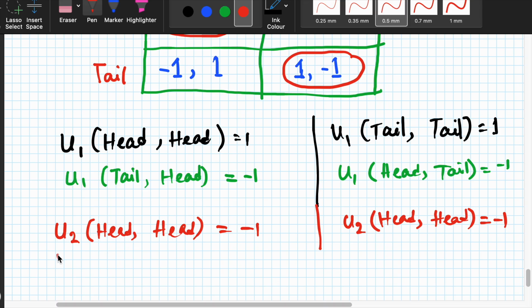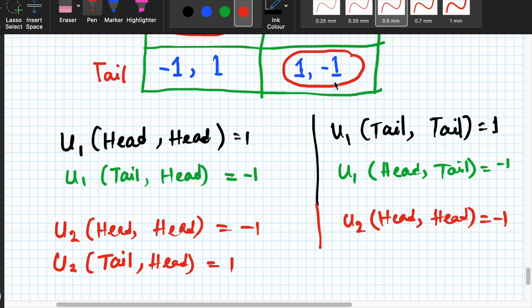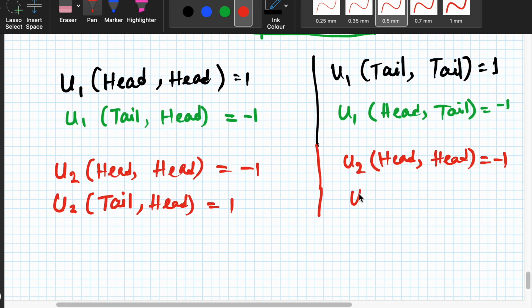You will say yes, there is an incentive, because if she changes her strategy from head to tail here, she will get a payoff of 1. And here, this corresponds to tail. Now I ask the same question: is there any incentive for player 2 to change her strategy from tail to head?